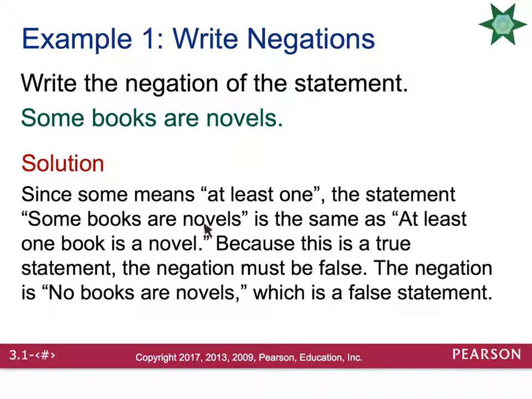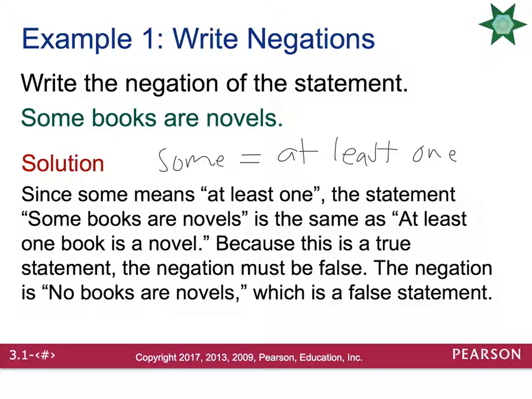Okay, so let's start with the statement: some books are novels. Now, that means at least one book is a novel. It could be one, it could be hundreds, could be thousands, but at least one book is a novel. That's what some means. So some means at least one. Let me write that down. Some is the same thing as at least one.